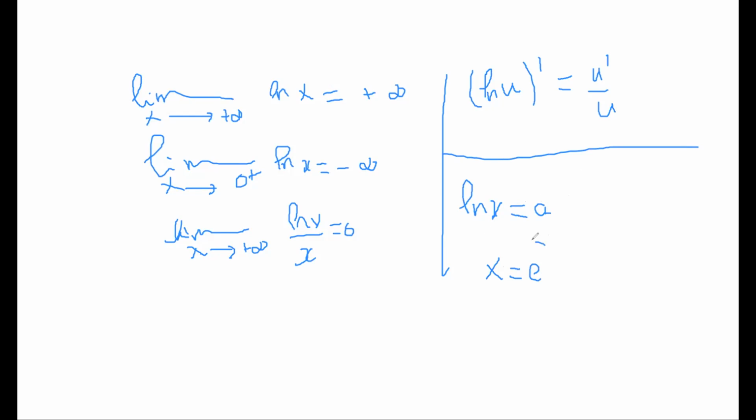I remove ln on the left and I add e to the right side: x equals e to the a. So if ln x equals minus 1, x equals e to the power minus 1, which is 1 over e.